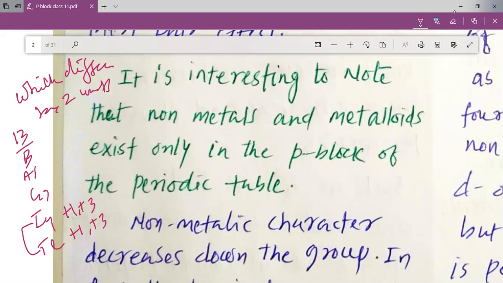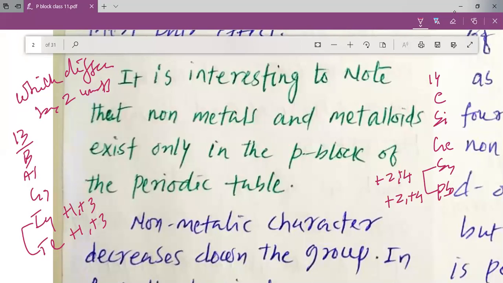In the same way, my dear students, in group number 14 we have carbon, silicon, germanium, tin and lead. The last two show the +2 and +4 oxidation states, and this is how they differ from each other by 2 units.